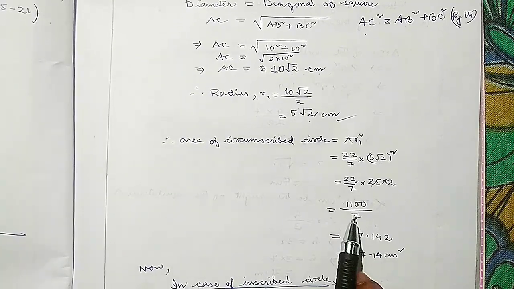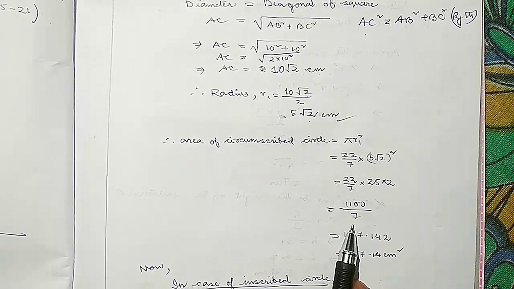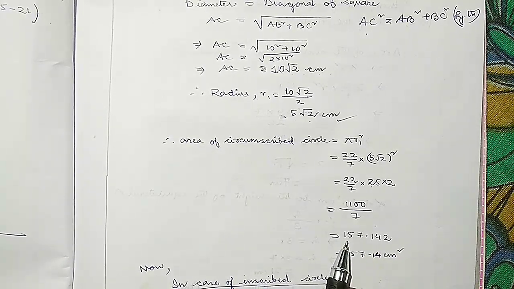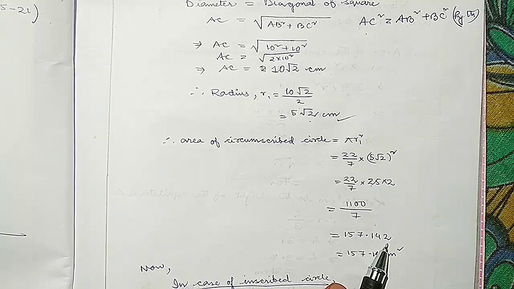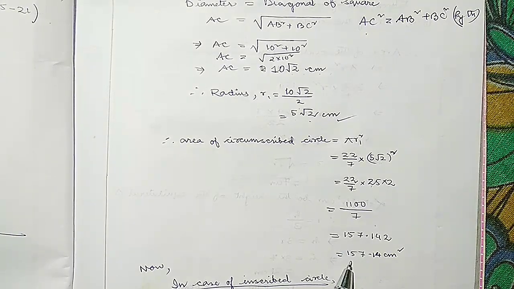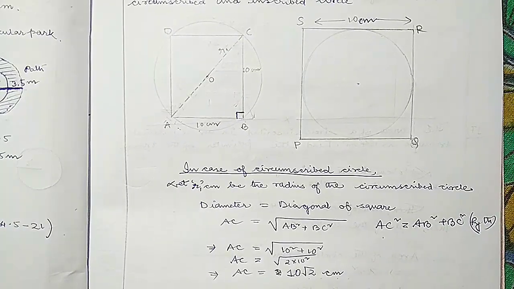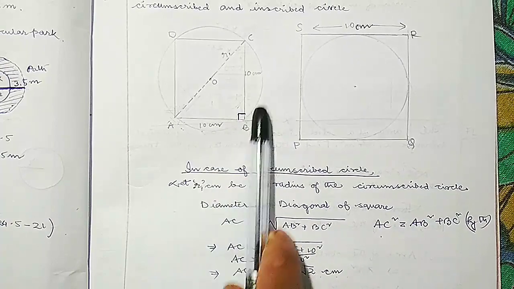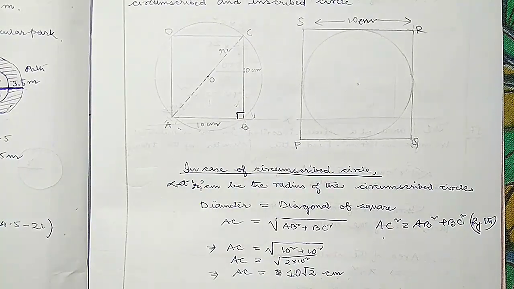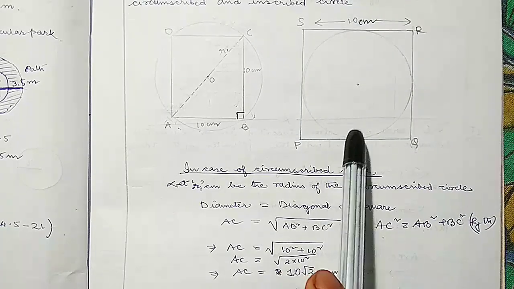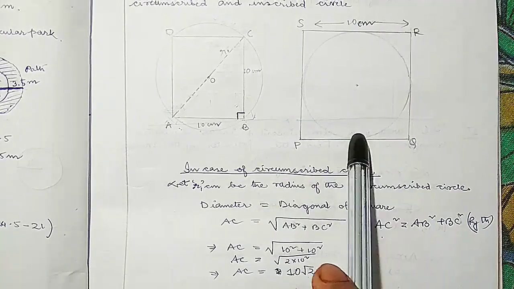If I multiply, I am going to get 1100 by 7. If I divide, I am going to get 157.142, which can be written as 157.14 centimeter square. Therefore, the area of the circumscribed circle, that means the area of this circle, is 157.14 centimeter square.